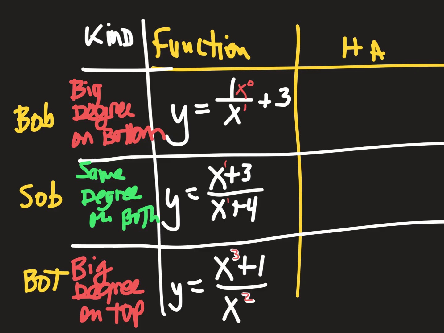But it'll help you remember that for a BOB, the rule is, the bigger on the bottom, that BOB is an outsider. So its horizontal asymptote, by the way, the horizontals are always y equals things, will be whatever's on the outside of the fraction.